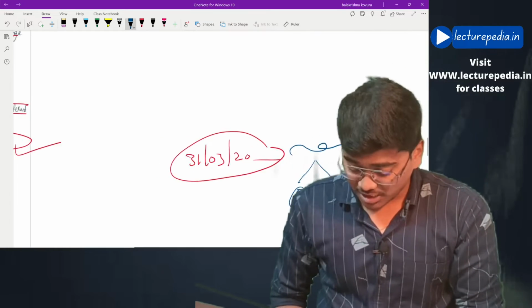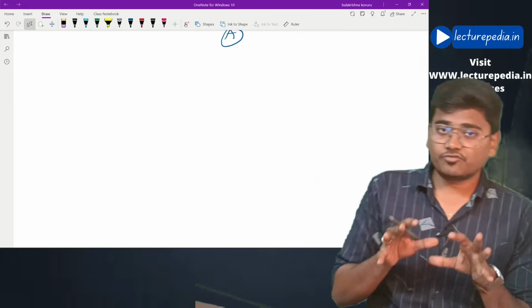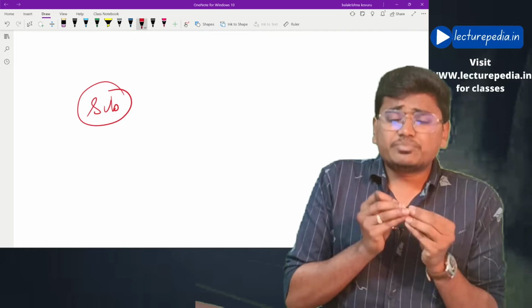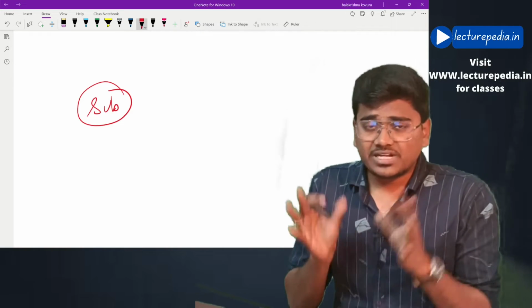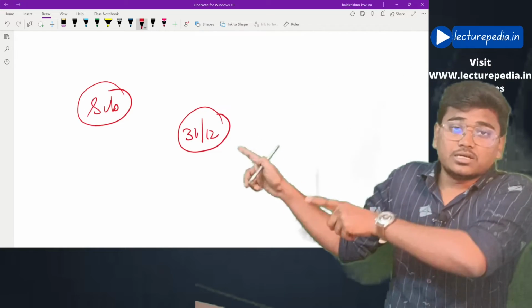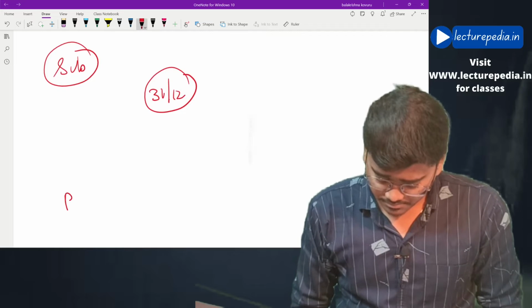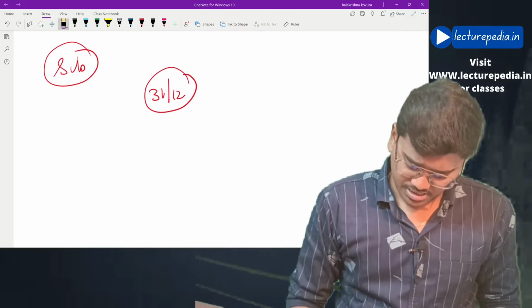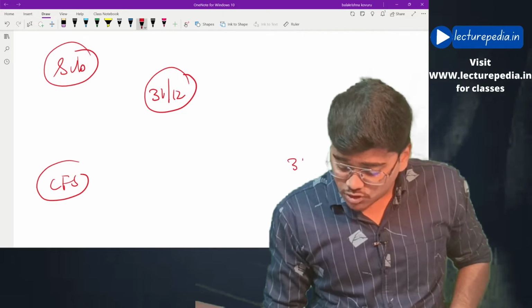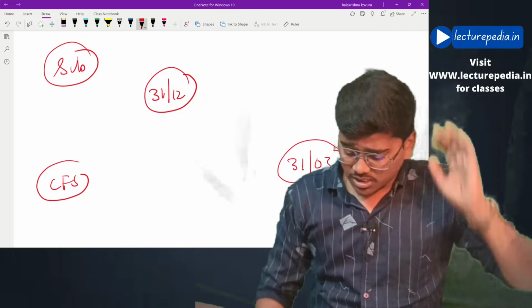Next, there is also another concept. Please listen to this carefully, otherwise you will not understand this. Now the subsidiary has prepared its financial statements as on 31st December. The subsidiary is following the calendar year as its financial year, but the parent has prepared the CFS, the consolidated financial statements, as on 31st March, and the audit report will also be given as on 31st March.